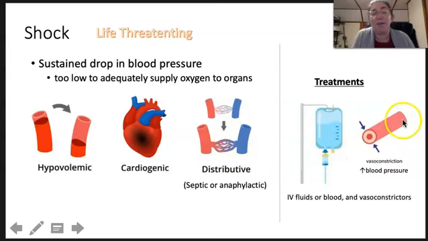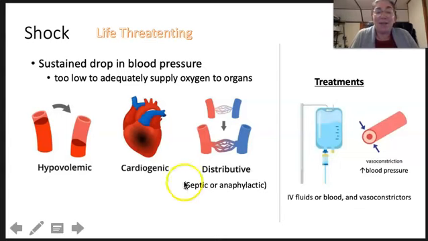What we need to do is make the blood vessels constrict again. And so we can give medications that are vasoconstrictors. And that's essentially how EpiPens work. They help to constrict, vasoconstrict, to combat that distributive shock.